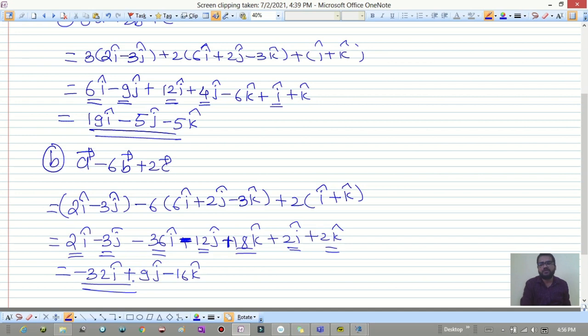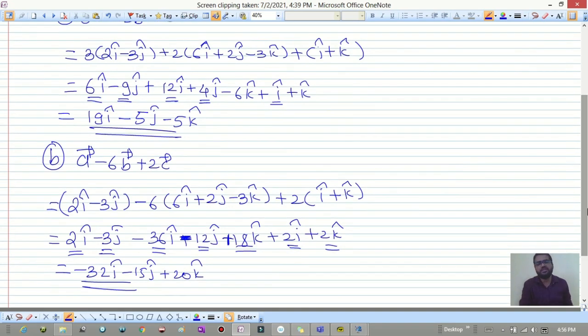Indicates what? This is minus 15. So yes, your calculation mistake. So as you can see over here, this is minus 12j, minus 3j, minus 15j, and here plus 18 plus 2, plus 20k hat. Now it's clear? Yeah. So this is the answer for B, isn't it?